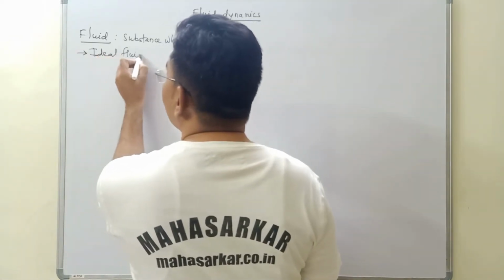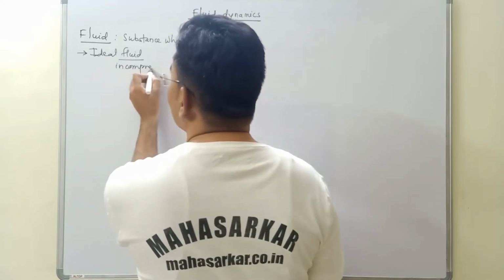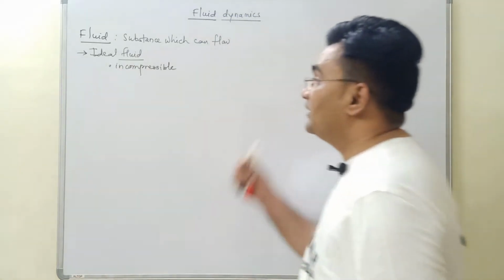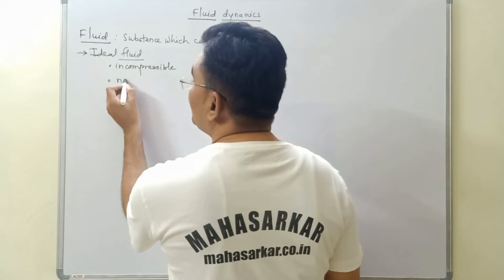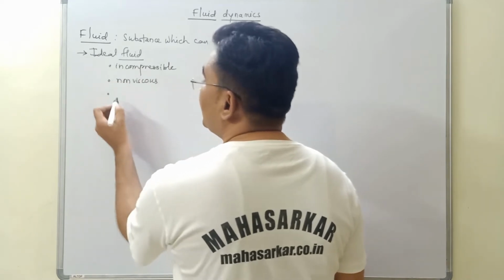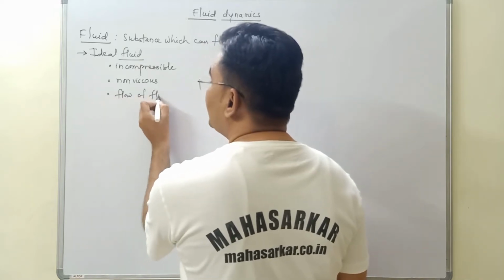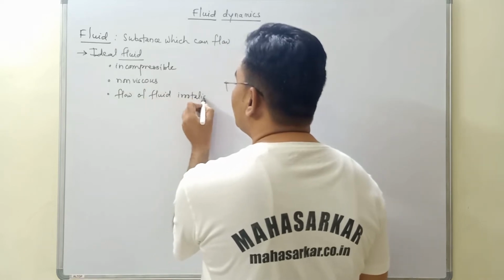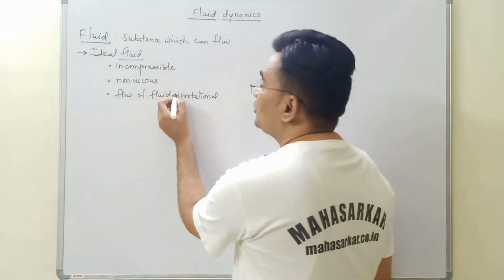Some important properties of fluid that we have learned already are that an ideal fluid is expected to be incompressible. The ideal fluid should be non-viscous. And the flow of that fluid should be irrotational.